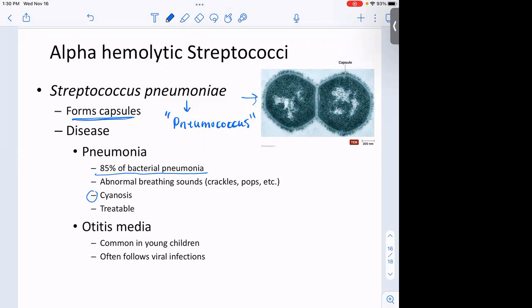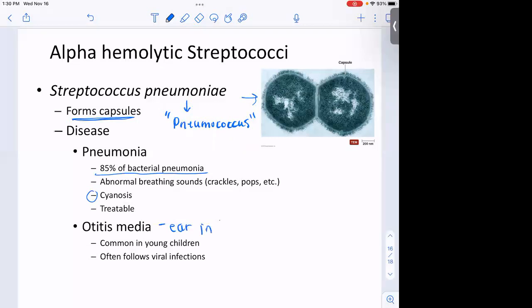It's pretty treatable. This responds pretty well to antibiotics. Oftentimes, patients are given a couple of different antibiotics because it is a pretty serious infection, just to make sure it works. This organism can also cause ear infections.